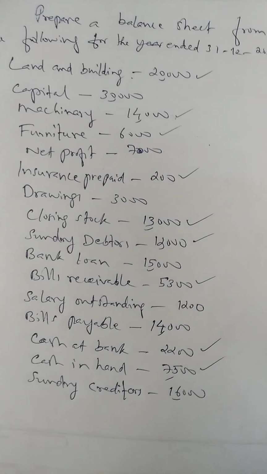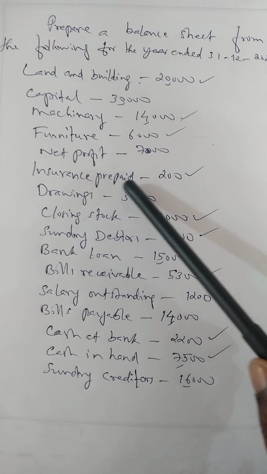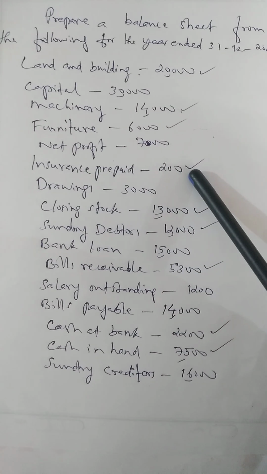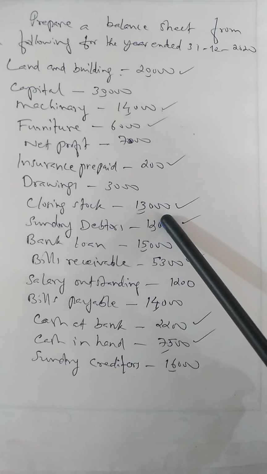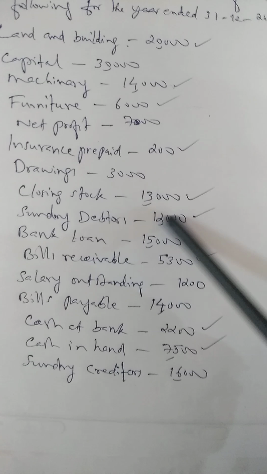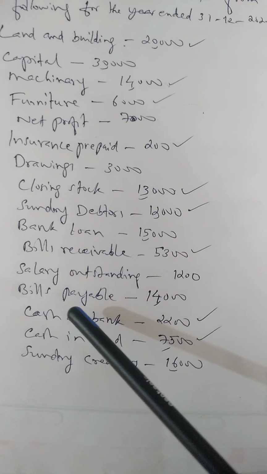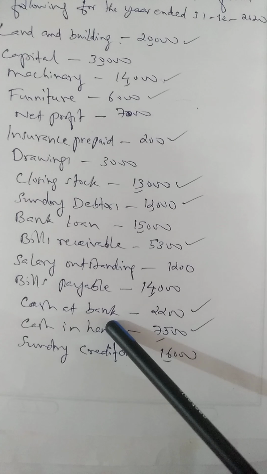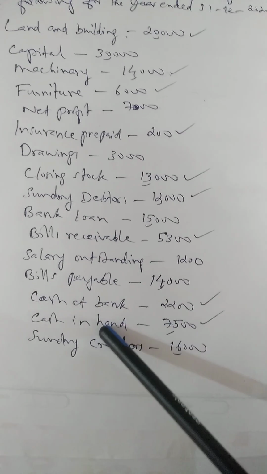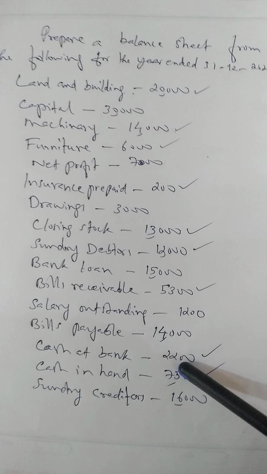It is to be shown on the asset side. So, insurance is an expense and it is prepaid, so it is to be shown on the asset side. Then closing stock is an asset. Sundry debtors, bills receivable, another asset. Then cash at bank, cash in hand. So these ticked items are assets.